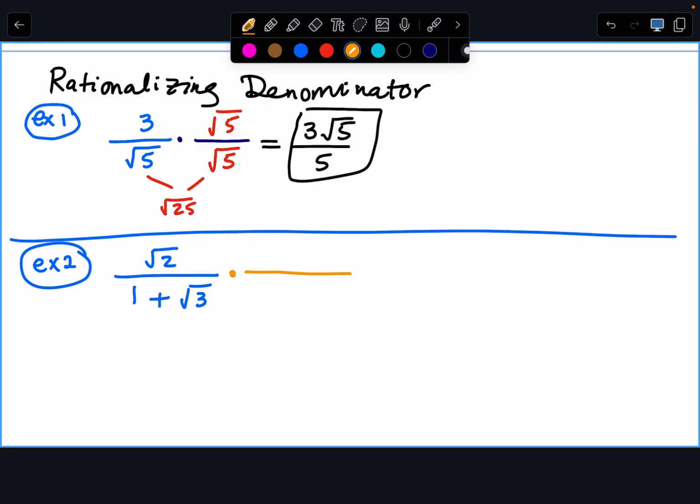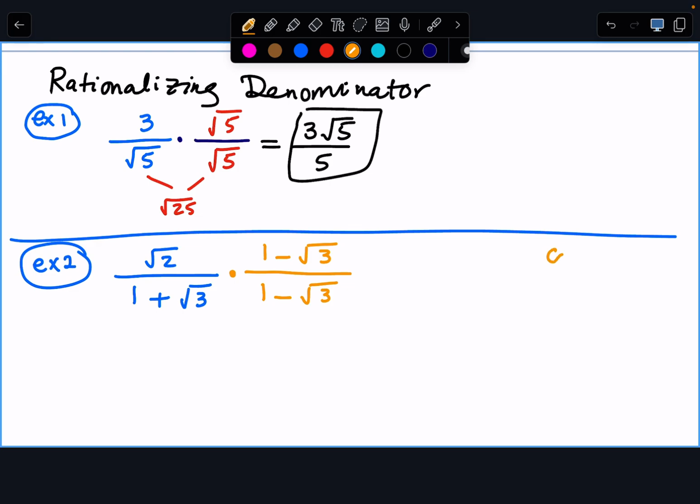You multiply top and bottom by the opposite. What does that opposite mean? 1 minus radical 3. Remember, anything you do to the denominator, you have to apply to the numerator. Do you know what they call that opposite? Reciprocal?